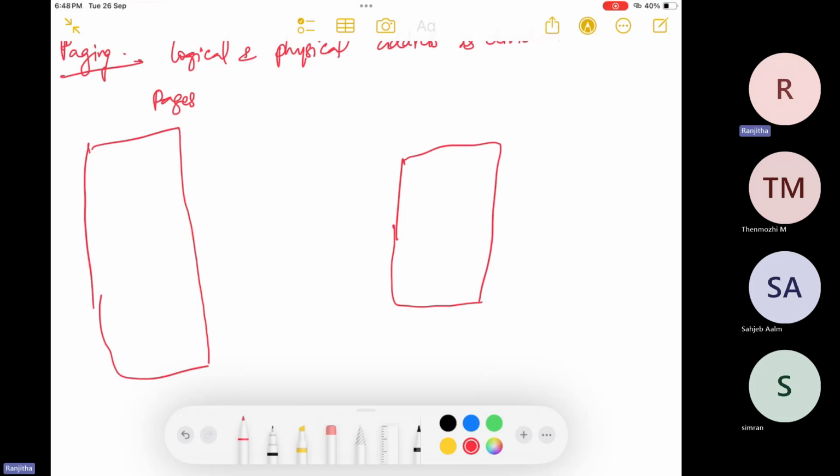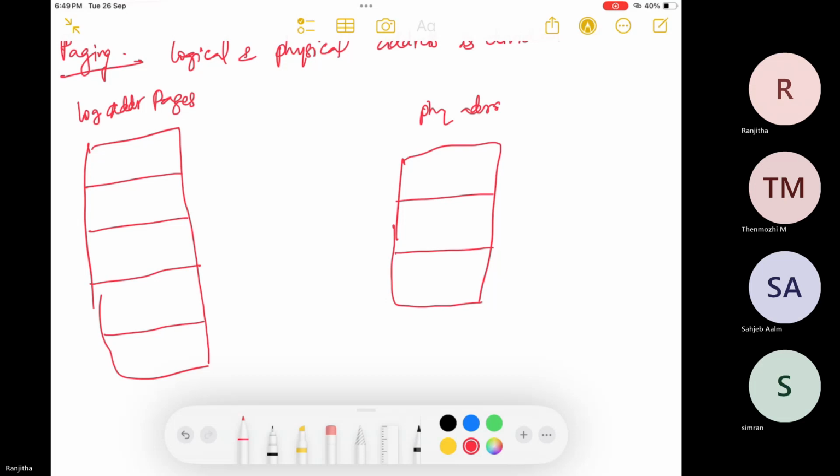So this is a logical address space and this is a physical address space. Both the logical address space and the physical address space are divided into equal size pages.